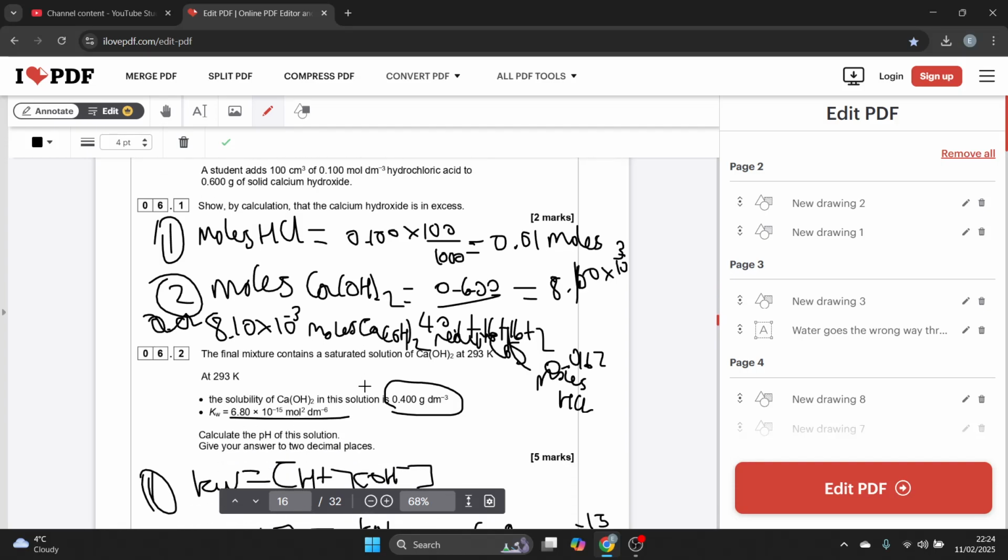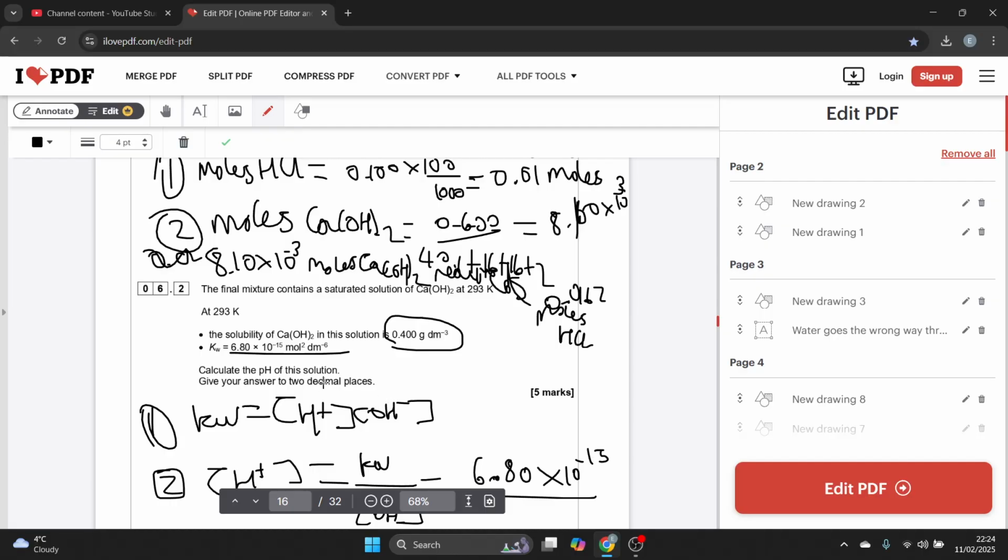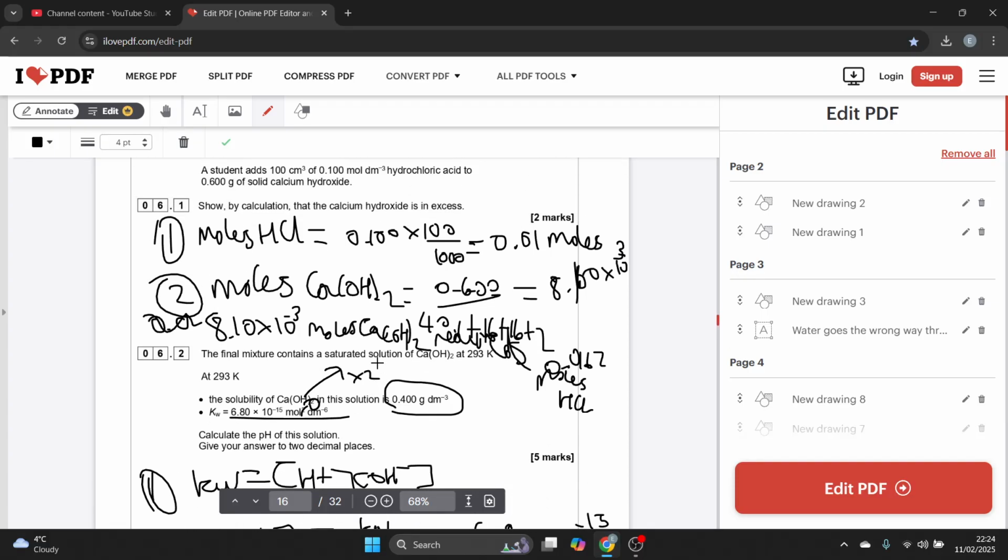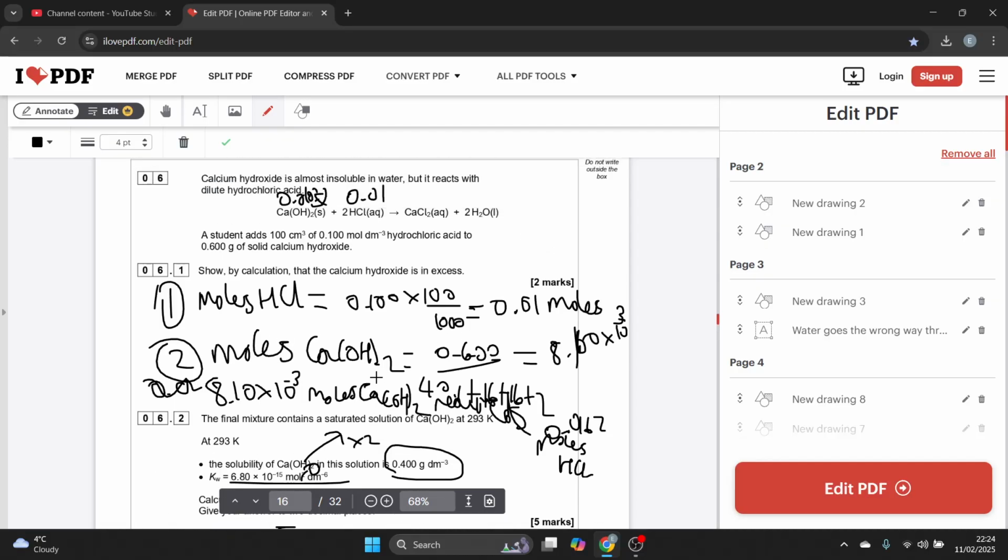And obviously I need a concentration of the hydroxide ion, so what I need to find out is the concentration of calcium hydroxide, and then remember to times by 2 since there's 2 hydroxides here. But how would I find out the concentration of hydroxide? Concentration is the moles divided by the volume. And I already have the moles of calcium hydroxide, right?